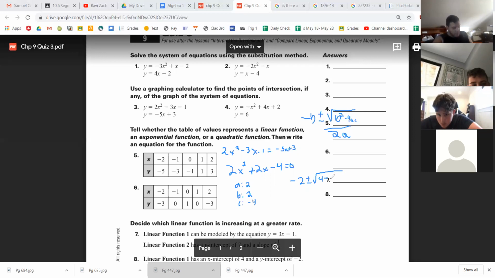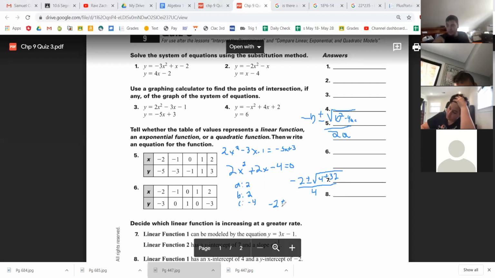The second part, negative 4 times 2 times negative 4 is positive 32, all over 2 times 2, which is 4. So we get that simplified. Simplify it a little bit more.